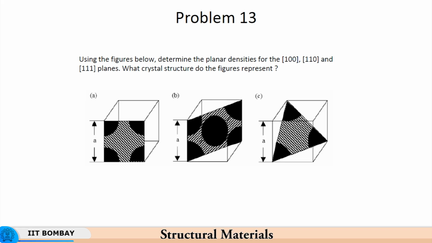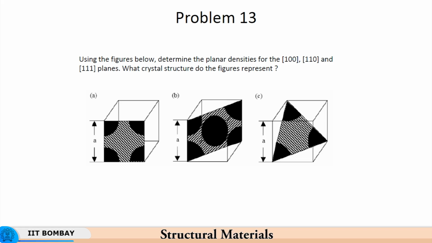So, in this 110 plane, the number of atoms is 2 and the area of the plane is a into root 2 a, because this length is root 2 times a.